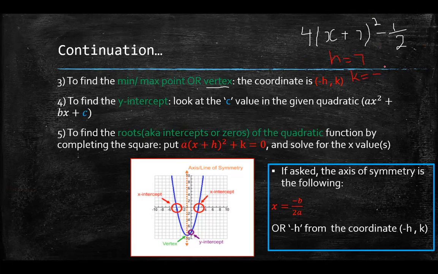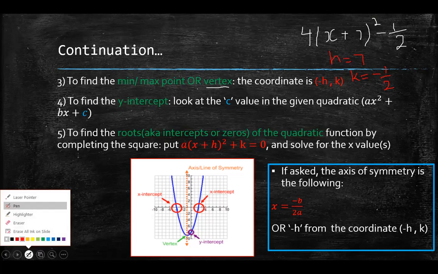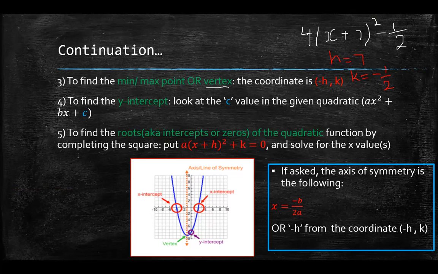Knowing that, if they wanted me to find the minimum point, because a is positive in this case, it would be a minimum point. If they wanted the minimum point, aka the vertex, what would my answer be? The coordinate: minus 7, comma, minus 1 over 2. Good job.